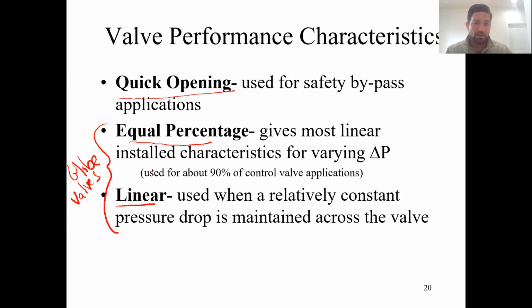We haven't really given you any equations yet to describe in detail what this means, but what I'll tell you is that the equal percentage valve is used for most processes because it gives the best characteristics for systems that have a varying delta P. So from your fluids class, for pumps, for example, the pressure generated from the pump is going to vary depending on the flow rate that's coming out of the pump.